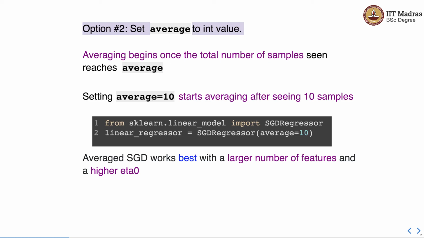For example, setting average equal to 10 would start averaging after seeing 10 samples. So this is how we can specify the integer value in the average argument. Averaged SGD works best with a large number of features and a higher value of eta0. And eta0, to remind you, is the initial learning rate that we specify in the SGDRegressor.